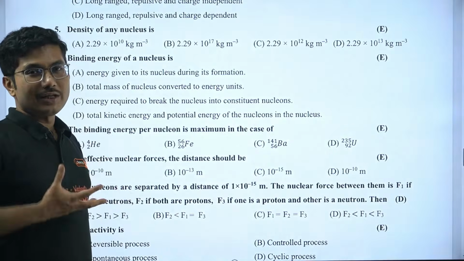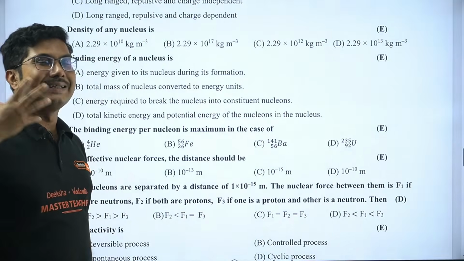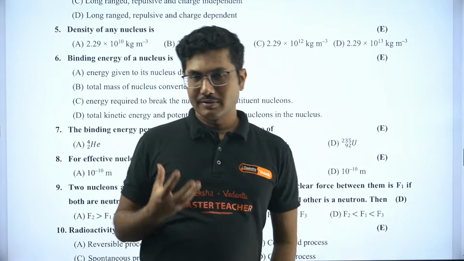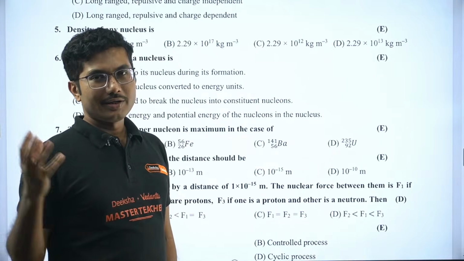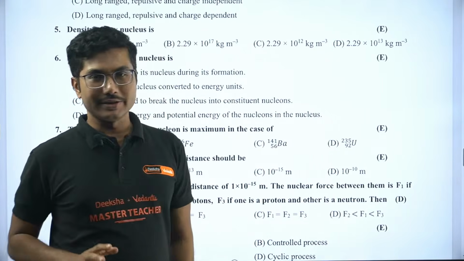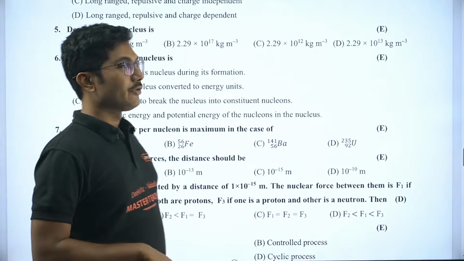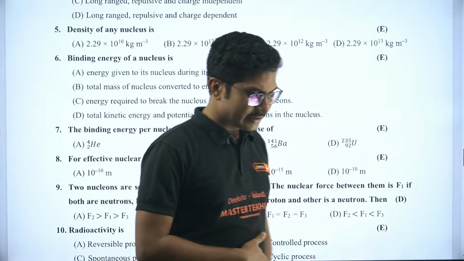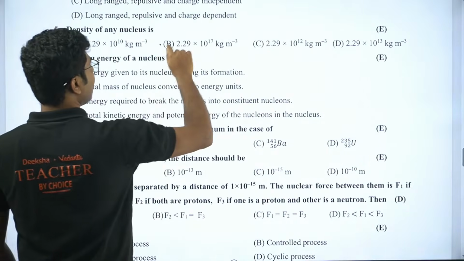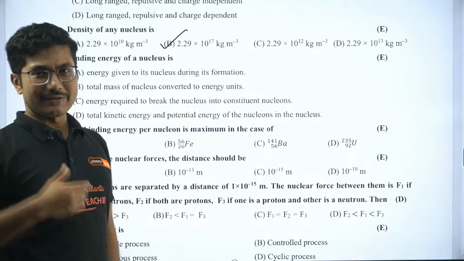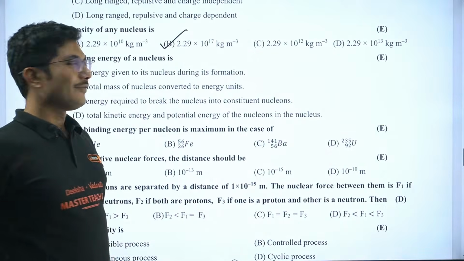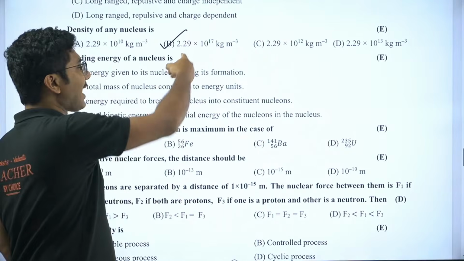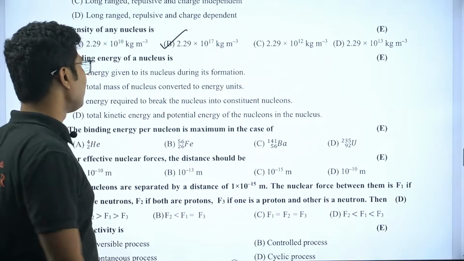The nucleus is one of the densest things. So the nucleus should have the highest density. And what is the highest given here? Highest given is 2.29 into 10 to the power 17. If I have to guess, I will guess this one. Even if I don't know, I should know that the density of nucleus should be highest, and according to this value, this is the highest, so I will say this.